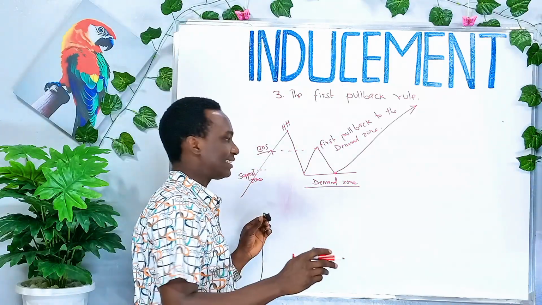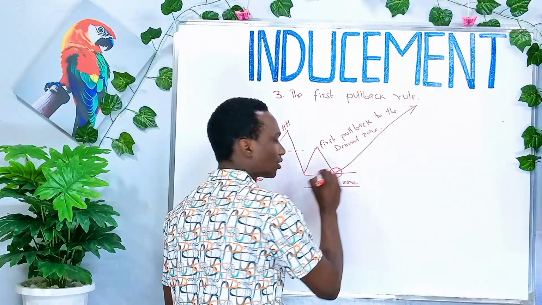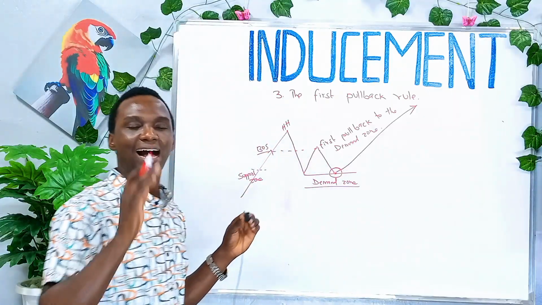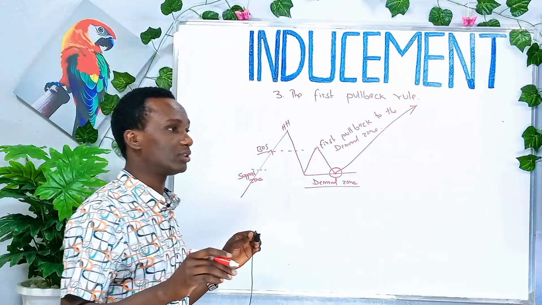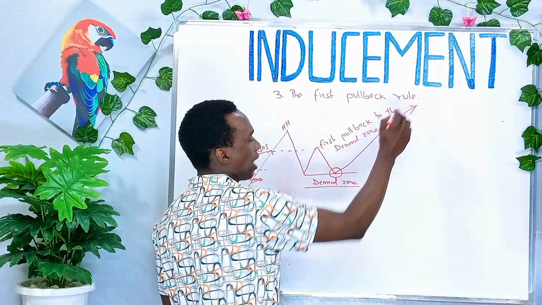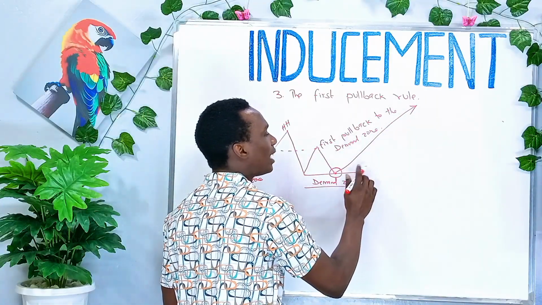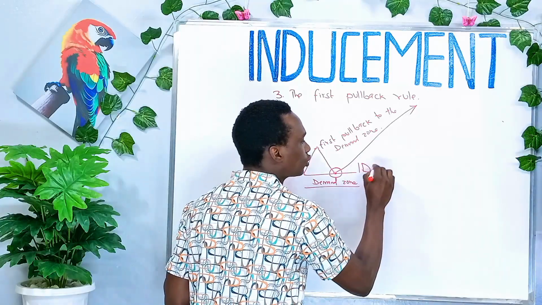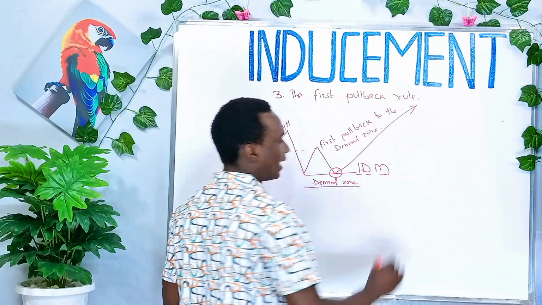But in many cases, these zones that we refer to as demand zones are not likely to be respected by price to go higher. They are more likely to be used as inducement zones, the IDMs.